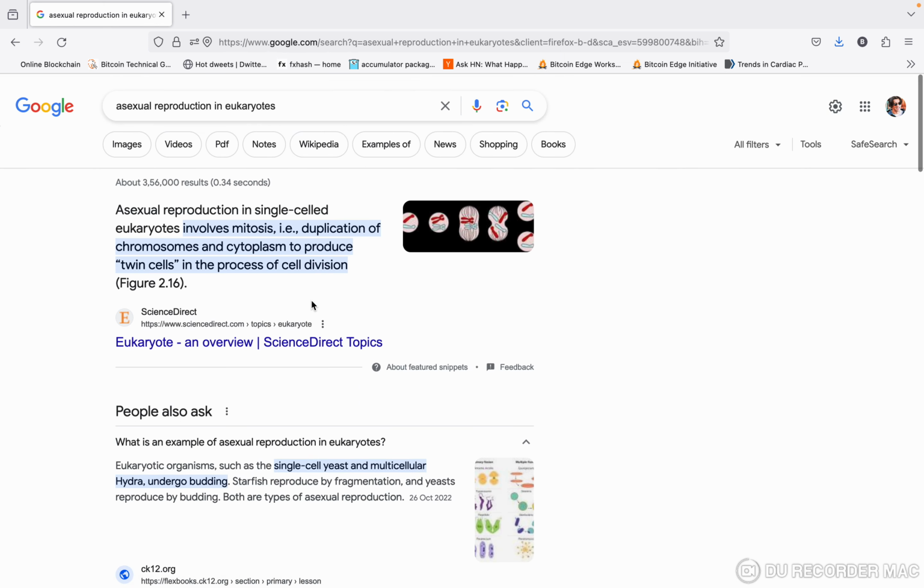And also sexual reproduction is necessary for evolution. Otherwise, if only asexual reproduction happens, it only generates a copy of the previous one, so no mutation will happen.